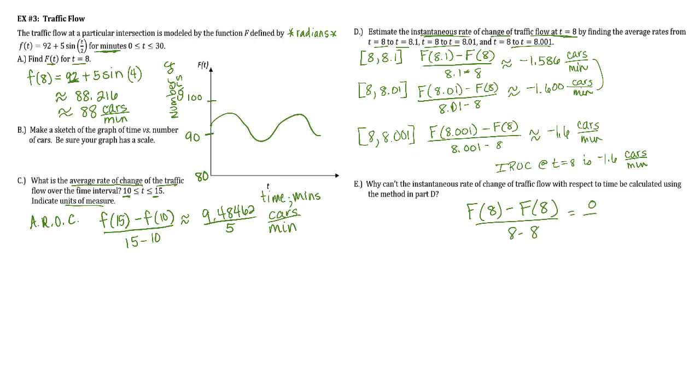And that's going to give us 0 over 0. And remember, we don't know what that is. So be careful there. We're not going to be able to ever use just one value. We've got to find two different points. And again, we're using the idea similar to limits, where we're getting super close to our value.